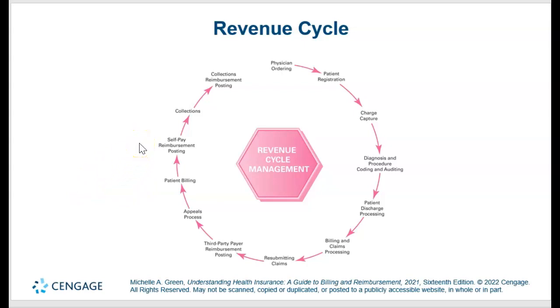Okay, then self-pay reimbursement posting, what the patient sends in, or possibly what the insurance company pays. And if that patient doesn't pay what they owe, it could get sent to collections. And then hopefully at that point, collections gets the money from the patient so we can wrap up the whole cycle.